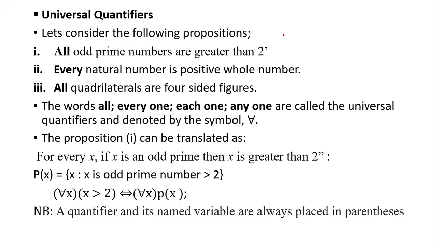Now, going through these propositions, you could see the word all. So the words all, everyone, each one, anyone are called the universal quantifiers and denoted by the symbol like the inverted A. So maybe you may be reading some books or in a programming language, you may be seeing a symbol like this, and may not know the meaning of that.